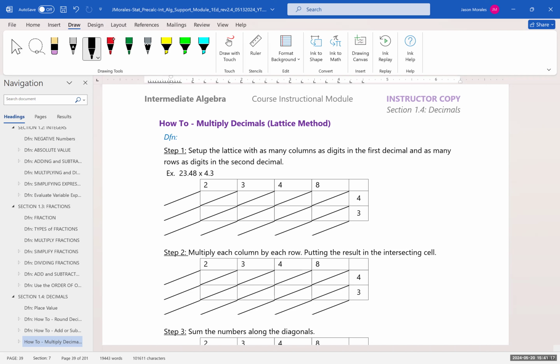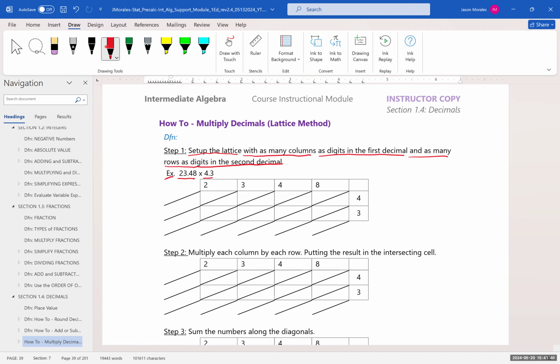So I've kind of broken this down into a series of steps. Step one is to set up the lattice with as many columns as digits in the first decimal and as many rows as digits in the second decimal. Let's look at this first example: 23.48 times 4.3.